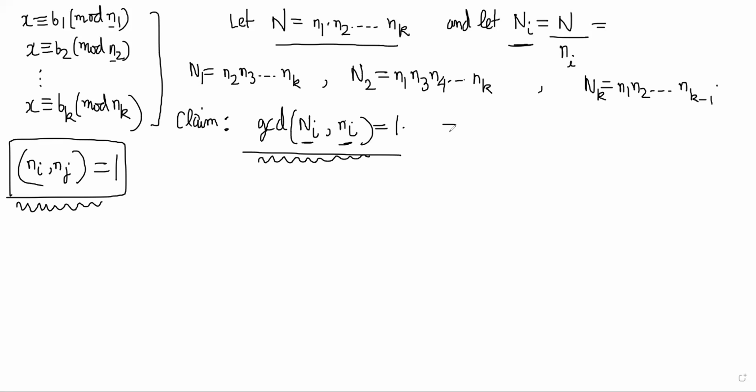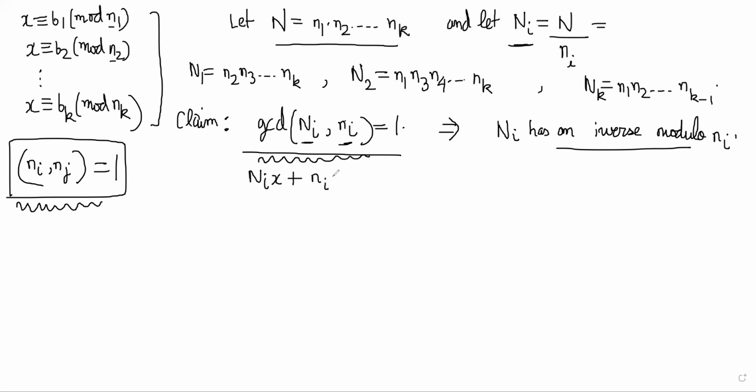That means this implies that capital Ni has an inverse modulo small ni. Why? Because if this is 1, I can write Ni x plus small ni y is equal to 1, right? And then if I take modulo small ni here, I can say Ni x is congruent to 1 mod small ni, right?